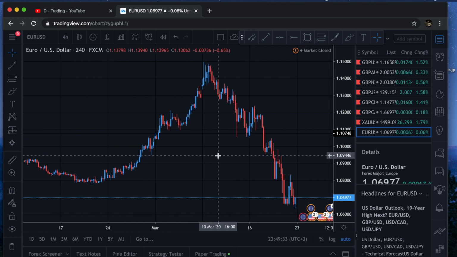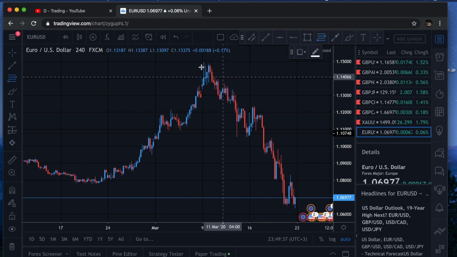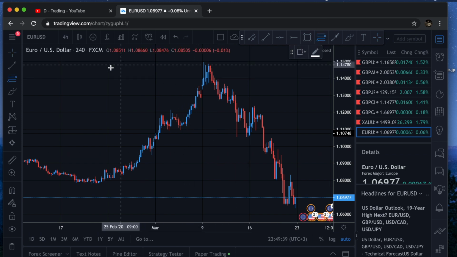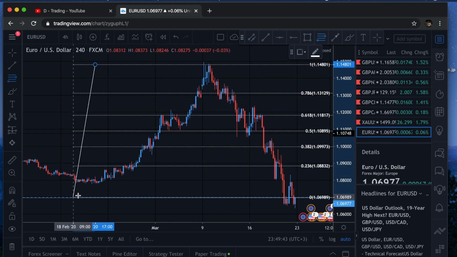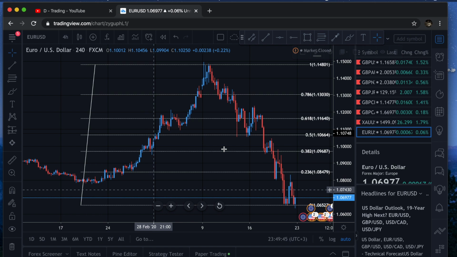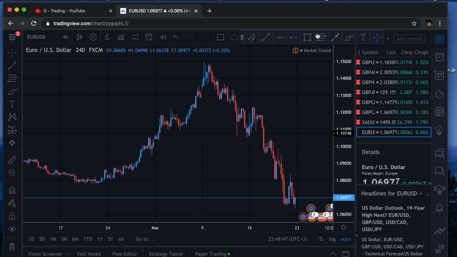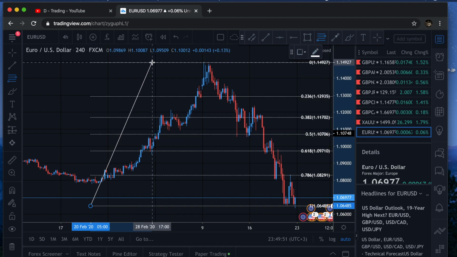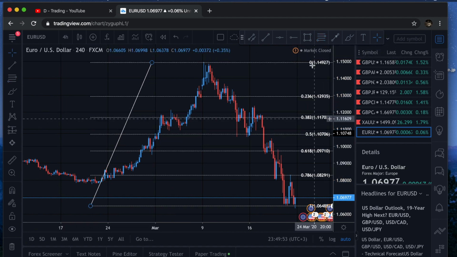So let me show you guys what it looks like. You have to select 2 points, a highest and the lowest, or you can select it the other way around, from the lowest to the highest. That's it. And these are the numbers or the percentages that you see on the right side.